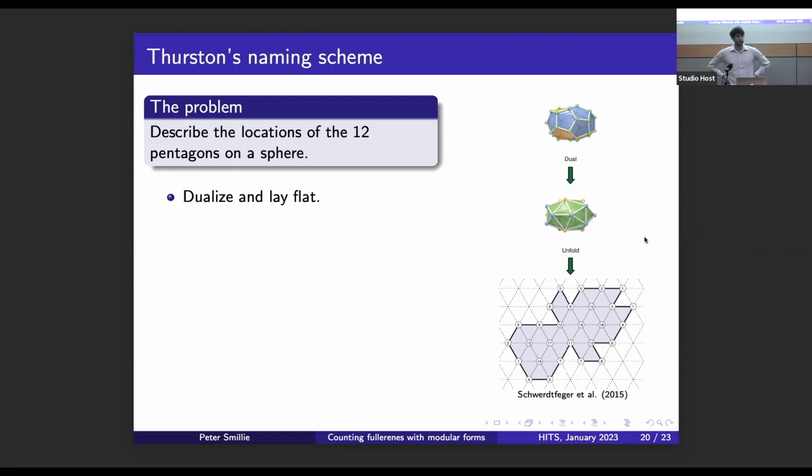All right, so that means you take your graph here, you replace every face with a vertex, and you replace every edge with an edge crossing it, and every vertex with a face. And so now instead of a trivalent graph, you have a triangulation of the sphere. So obviously we've lost some kind of, carbons are no longer points in the dual, but we were trying to record the locations of the pentagons, and those now are points.